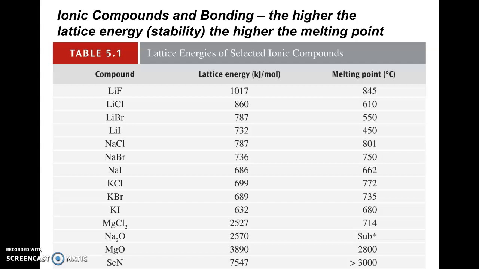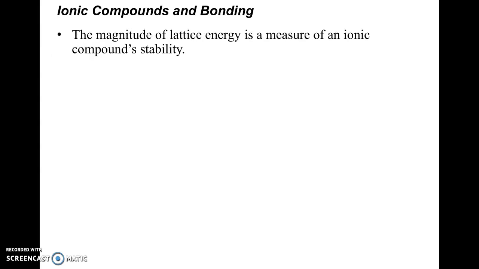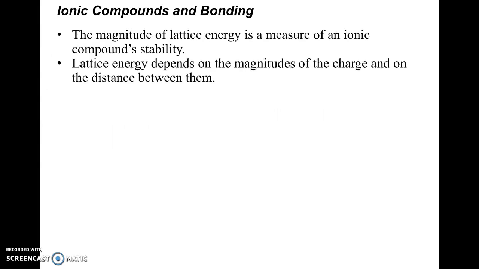So for sodium chloride, we have the lattice energy at 787 kilojoules per mole, and a melting point of 801 degrees C. This is not a temperature that you readily achieve in your kitchen, so it's very, very difficult to melt sodium chloride.